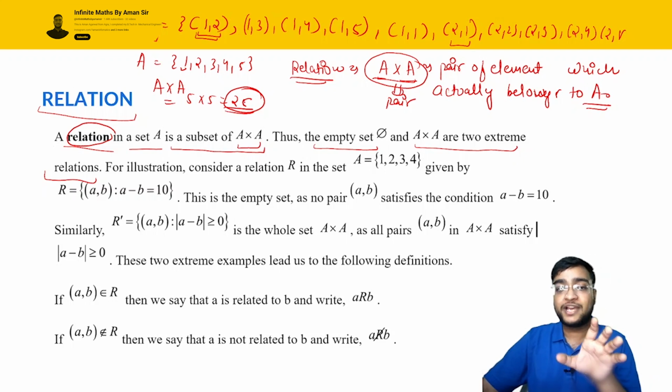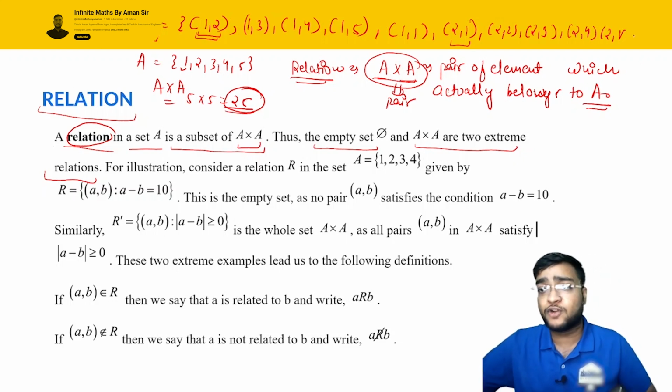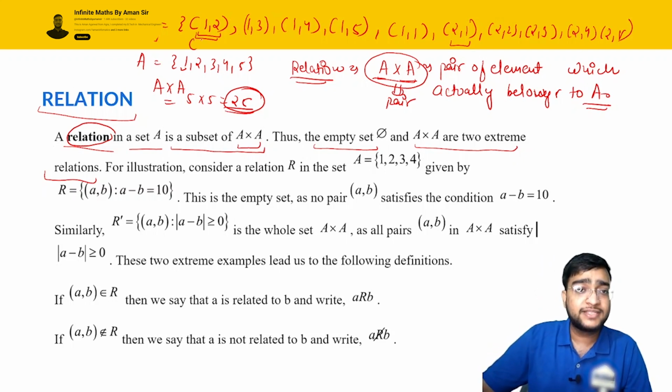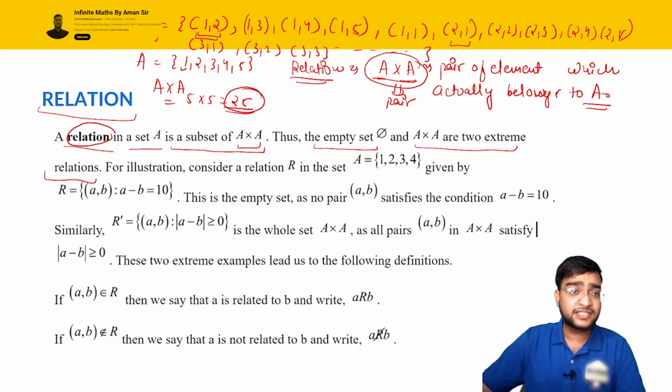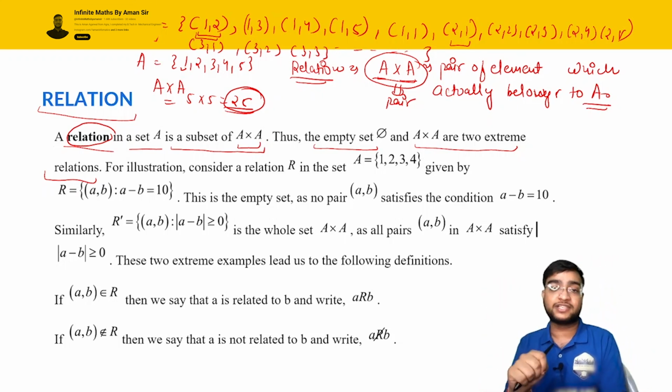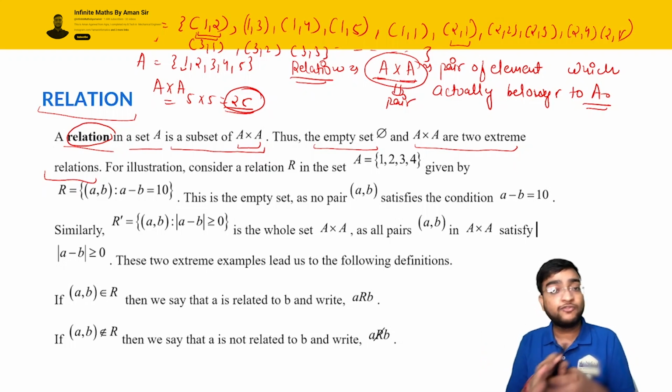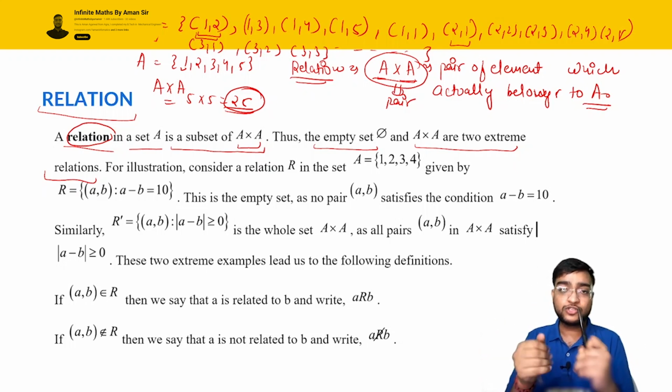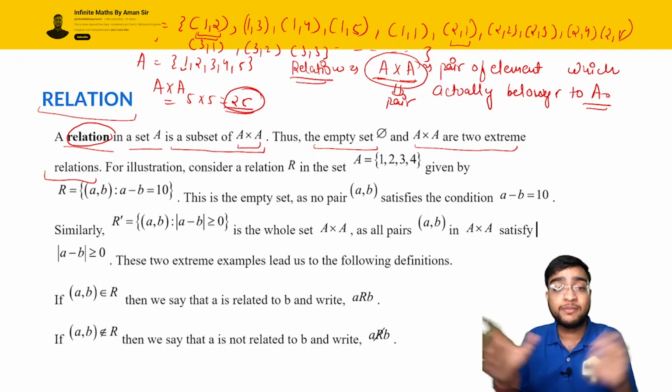If I take all the pairs, that is the 25 pairs here, 1,3, 2,3, 3,3 also, so these are all 25 pairs. If I take the relation of these whole pairs, that is our extreme relation. Beyond this there is no other relation. So these are our extreme relations.